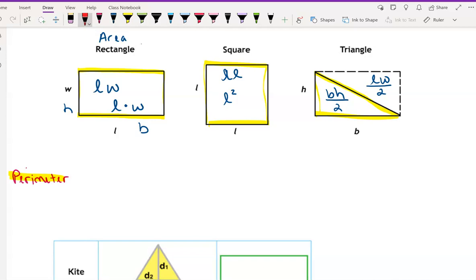If it's a rectangle, you could write it as L plus W plus L plus W, or as 2L plus 2W, with L meaning the length and W the width. The perimeter of a square could be L plus L plus L plus L, or it could be written as 4 times L, because they're all the same distance around.